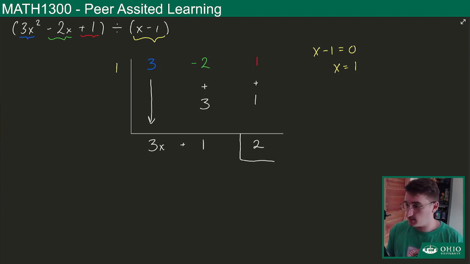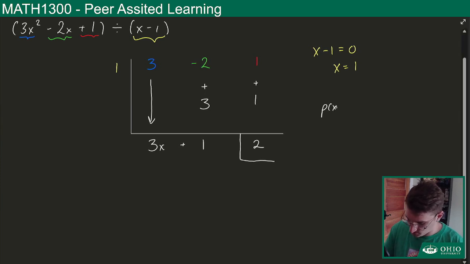Now, as always, like we did in the long division example, we want to write this out in the form of p(x) equals d(x) times q(x) plus r(x).